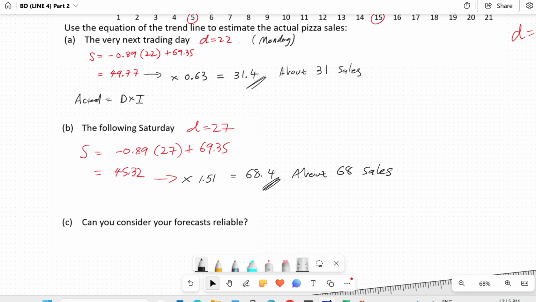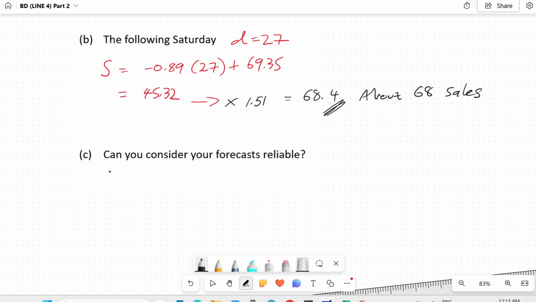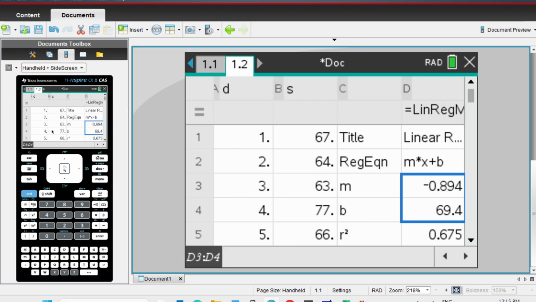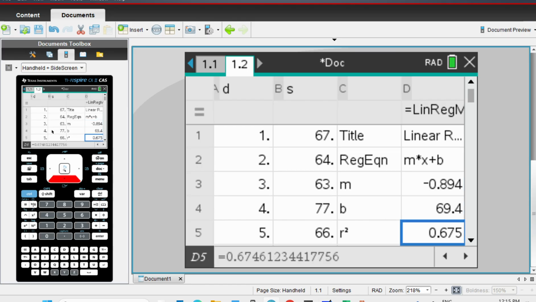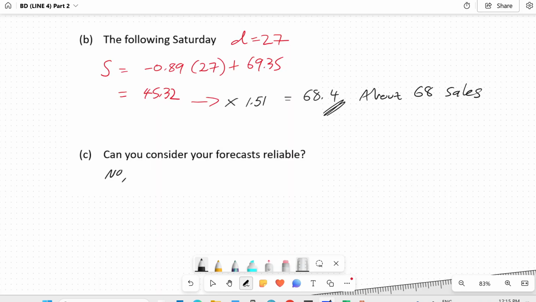Okay, now can we consider these forecasts to be reliable? Well, no. These are both extrapolations. So we might look into the fact that our R squared value, well, it isn't all that high. It's 0.675, so that's not that flash anyway. But we've got plenty of data as well. The R squared value is moderately high, lots of data, but these are extrapolations.